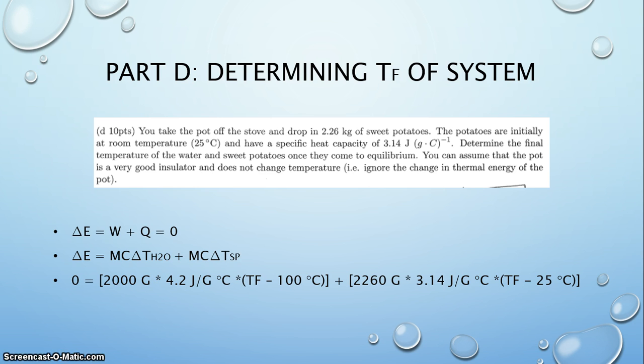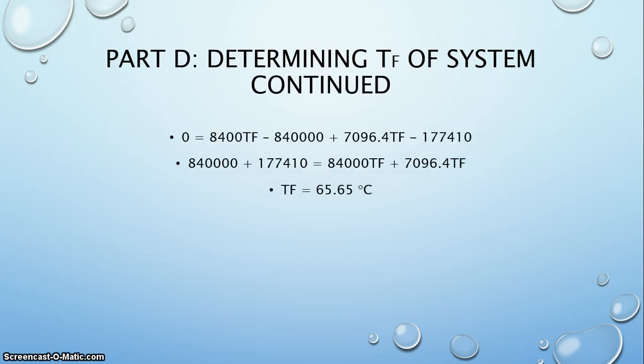You have to find the final temperature of the system combined, which is the sweet potatoes and the water, denoted as TF. Through these calculations, and putting like terms together, I determined that TF was equal to 65.65 degrees Celsius.